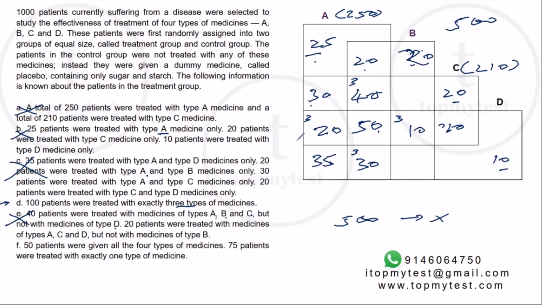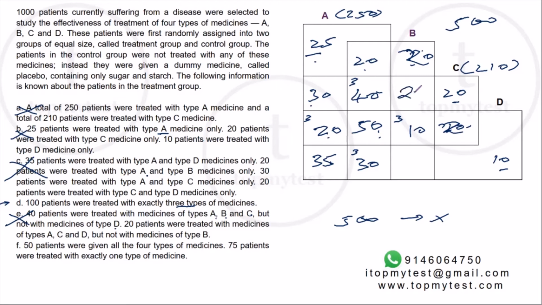Now we also know the total inside C. Total inside C is 210, right? So subtract this value, we'll get B and C only. That's 70, 90, 140. This was 20. 140 plus 30 is 170, 190.